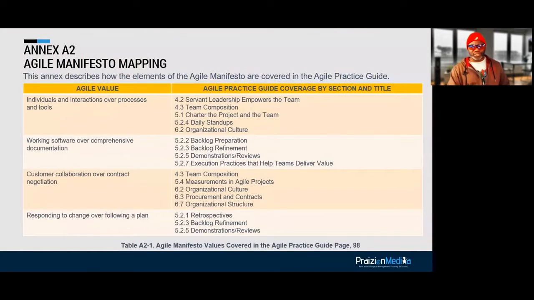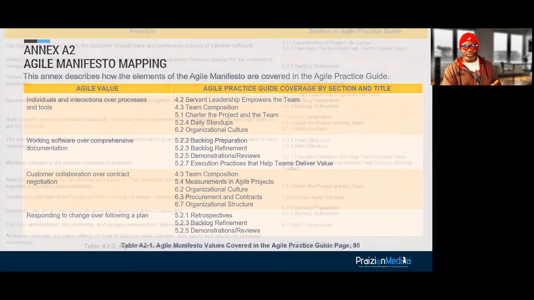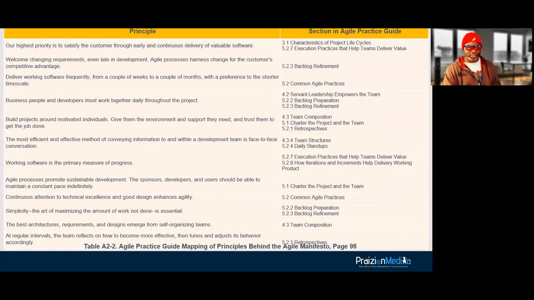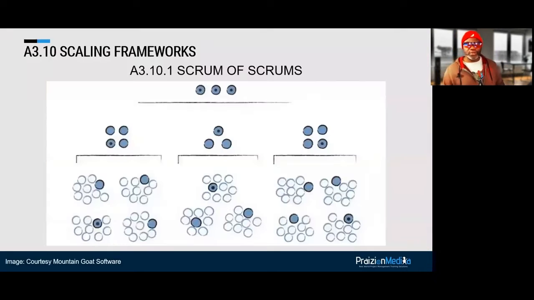I close with this. Again, remember, you've got these tables that show you how the manifesto values and principles are painted throughout the chapters. And don't forget, we have a boatload of other Agile frameworks talked about, everything from Scrum to Kanban. And I'm going to just touch on one, which is scaling.